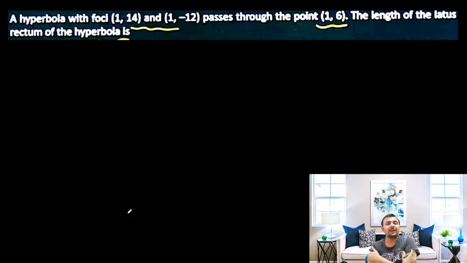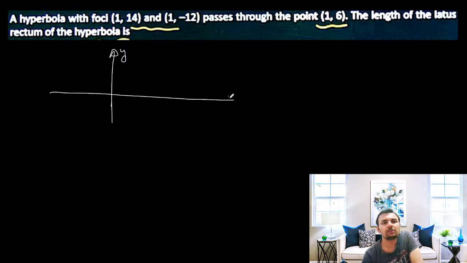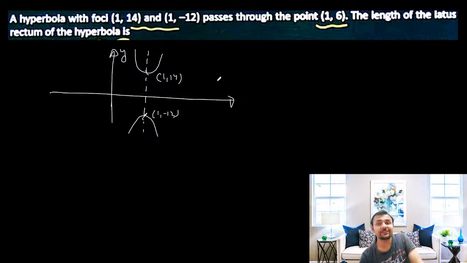A hyperbola with foci 1, 14 and 1, minus 12. So x equal to 1, and it's a 14; x equal to 1, and it's a minus 12. Now what will happen? It passes through 1, 6.